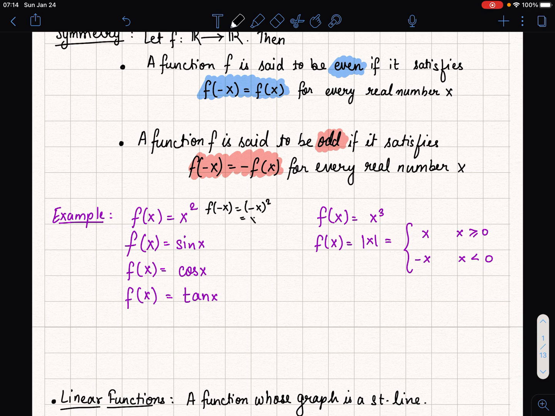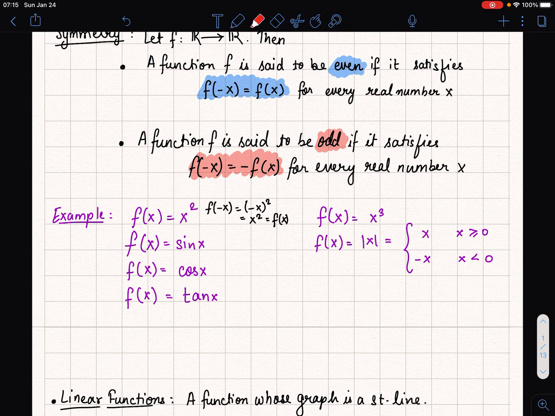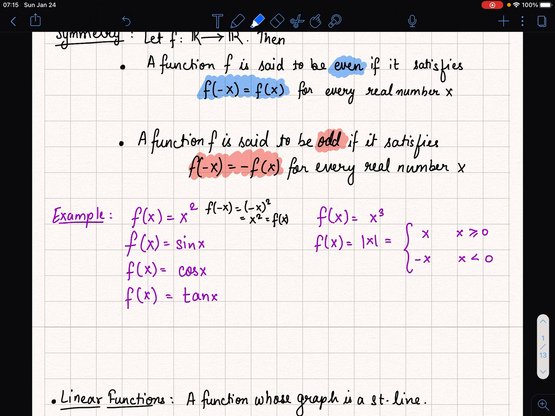Minus x the whole squared is x squared, but x squared equals f of x. So from here, you see that f of minus x is equal to f of x, which means the function is even. So we color even with blue, while we color odd with red. So this function is even.